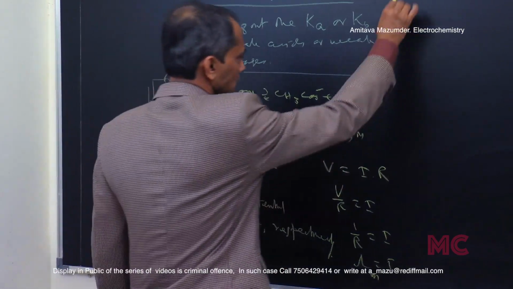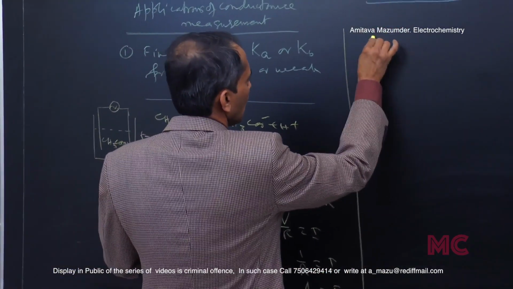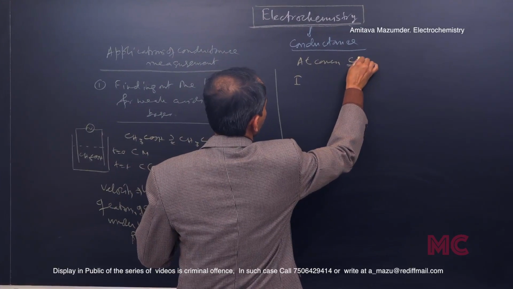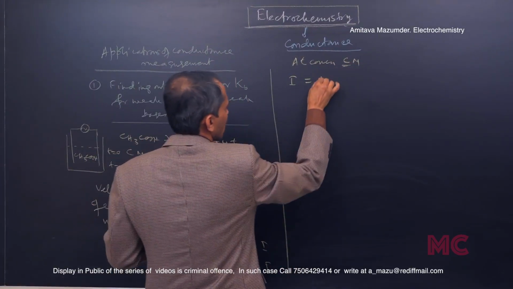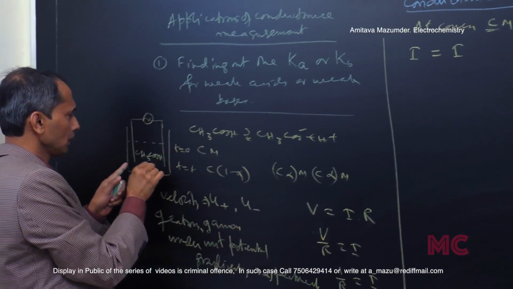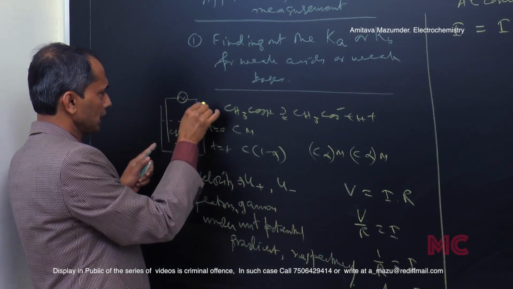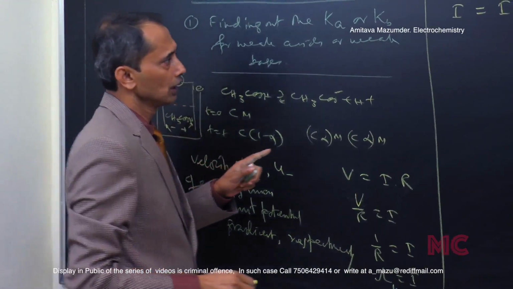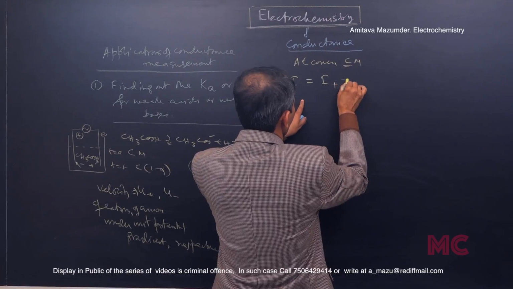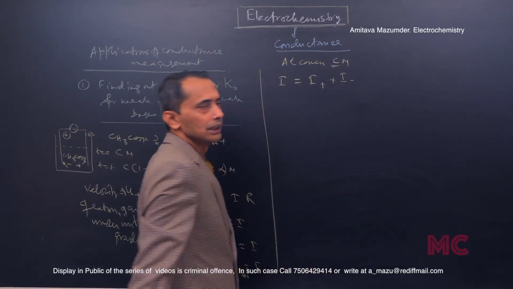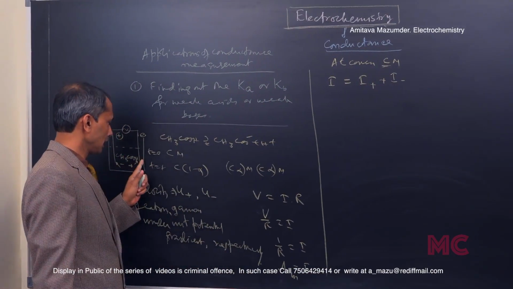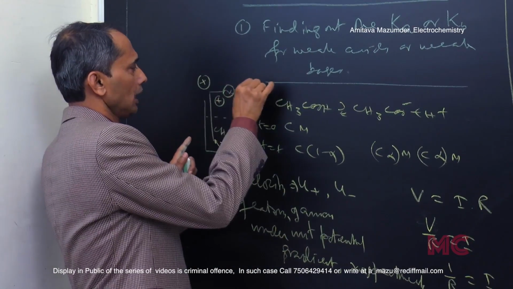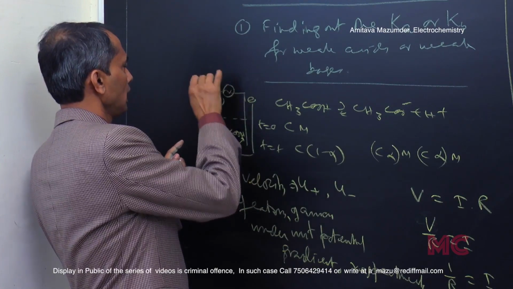Now what is the I calculation from this? At concentration C molar, I equals the current carried by the cation towards the electrode plus the anion. Let's say the cation is positive, so it will go towards the negative plate. So I equals I plus plus I minus. That is current carried towards the cathode and current carried towards the anode.